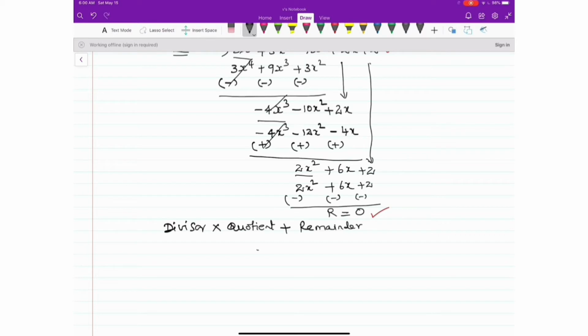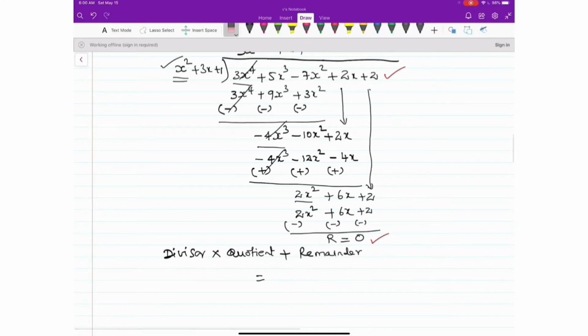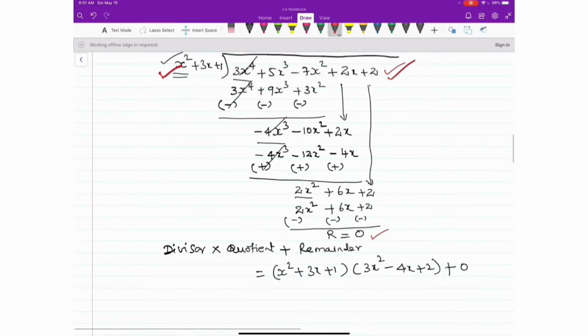That is equal to, you know, the divisor here is x square plus 3x plus 1 into quotient we got it as 3x square minus 4x plus 2 and the remainder is 0. See, you know very well this is the quotient and this is the divisor and you know this is the dividend.